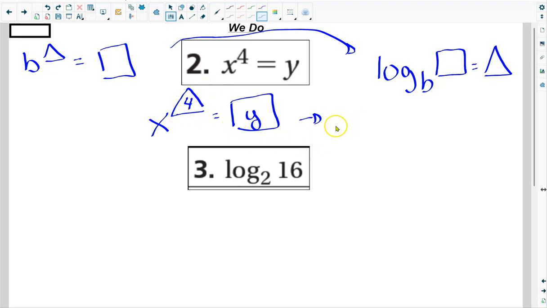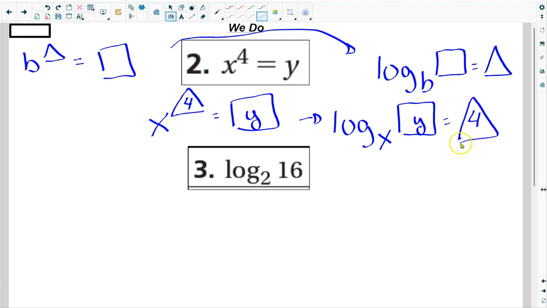Now I'm going to turn that into a logarithm. The base is x. I need the square. The y's in the square, and it equals the triangle. That's it.